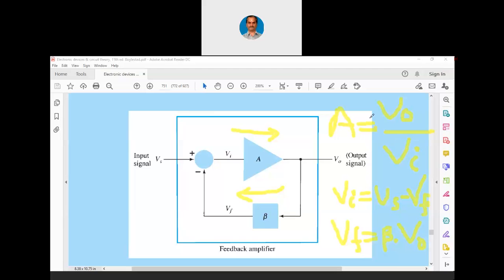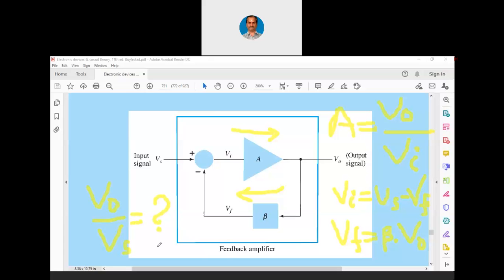Now using these three expressions, later on we are going to derive a formula completely for V0 by Vs. Now we have to find out what is V0 by Vs. The net gain of the total block with the negative feedback amplifier is what? That we are going to discuss in the next class, because already time is running.